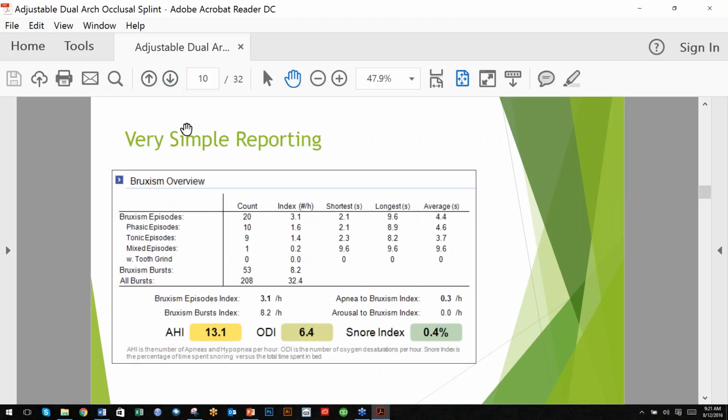Here's the report. If their AHI is anything above 5, then you have an airway issue. There's a lot in this topic. It's out of the scope of this webinar, but know that it's very simple. If that number is above a certain amount, then you can protect the teeth and refer them out. If you decide to take on the airway, then you know that we have to get a physician involved and so on and so forth.